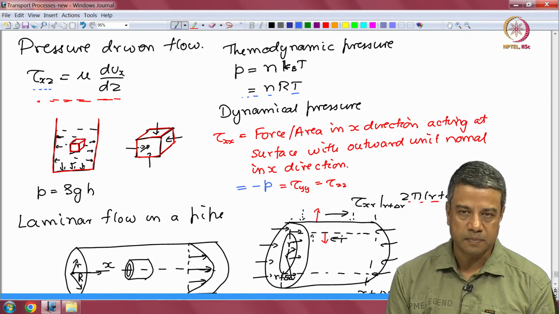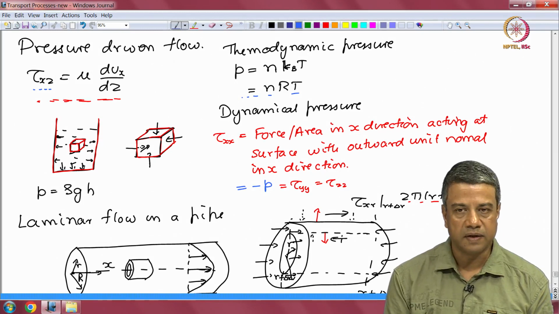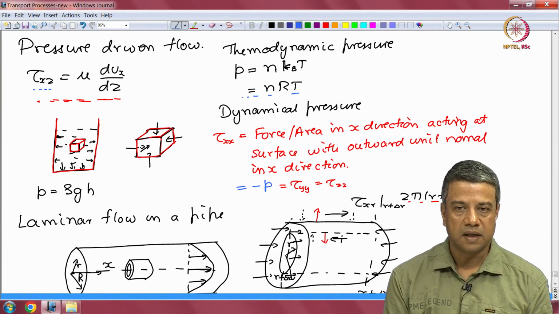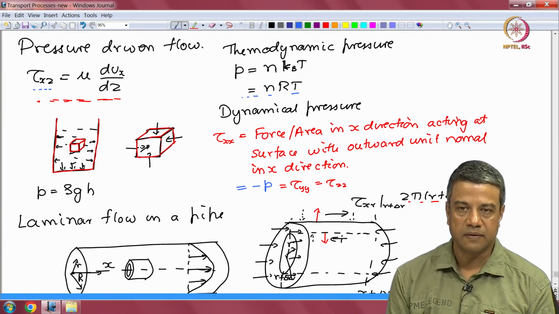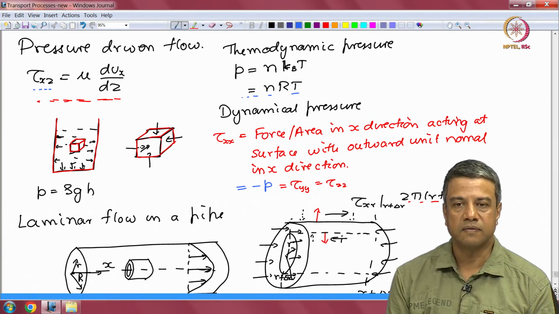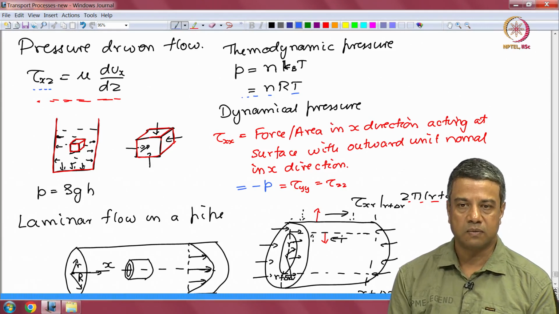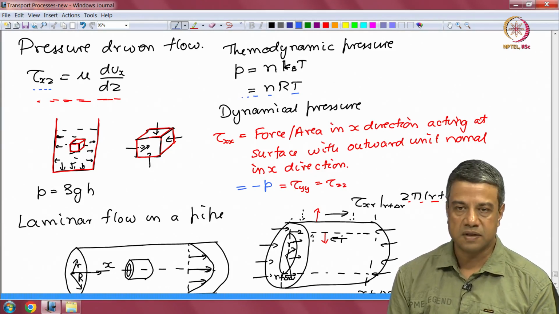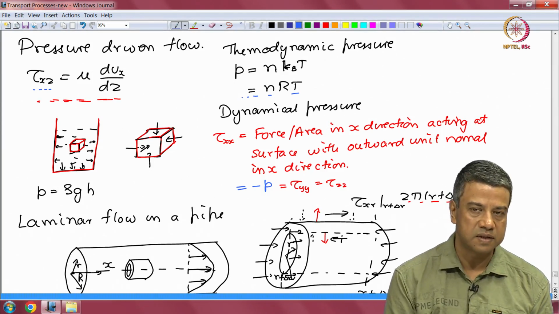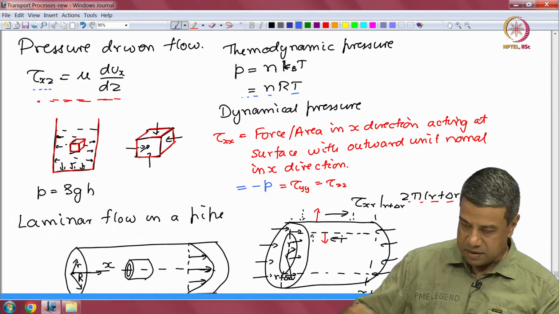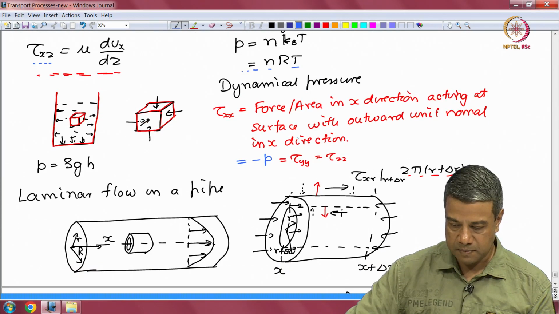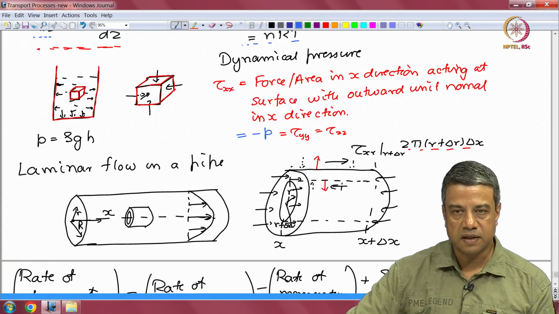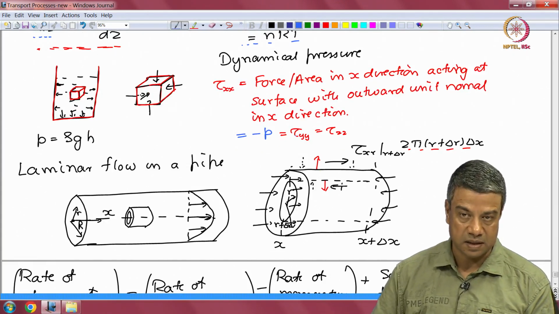If the fluid is incompressible, that is, there are no variations in density, then you can add a constant pressure everywhere in the flow domain, and the fluid velocity field will not change, because as far as the fluid velocity is concerned, what matters is the difference in pressure. As an example, for a laminar flow in a pipe, what matters for the velocity is the difference in pressure between the ends.